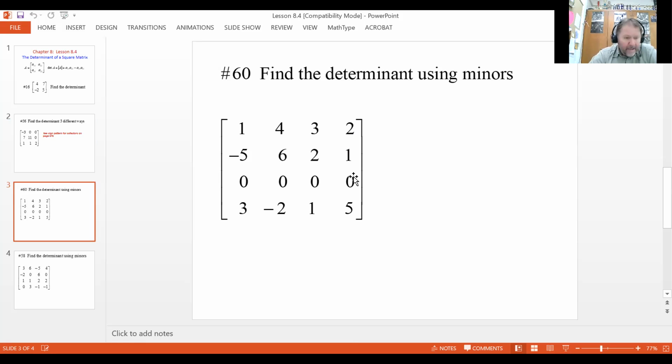Well, 0 times anything is 0. So it's going to be 0 plus 0 plus 0 plus 0, right? And that's 0. Anytime you see one whole row of all zeros, or one whole column for that matter, of all zeros, you know the determinant's going to be 0. Okay, so that one went fast.